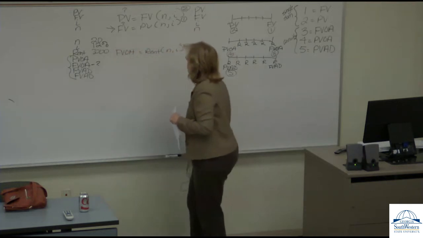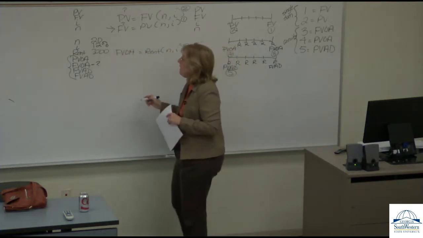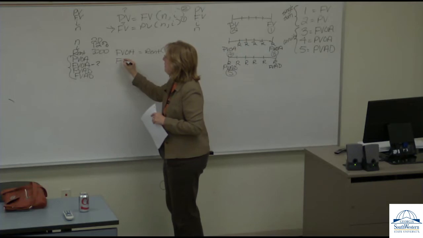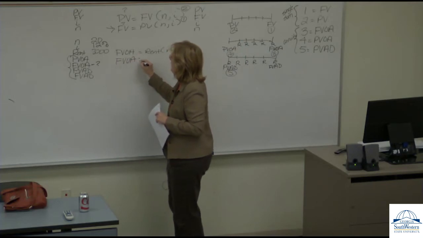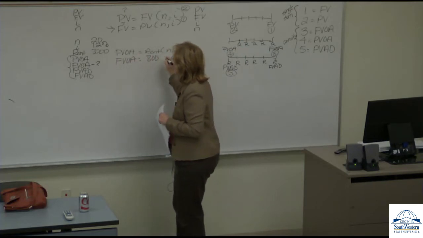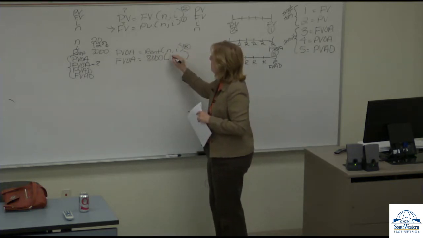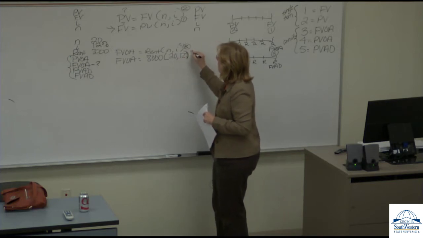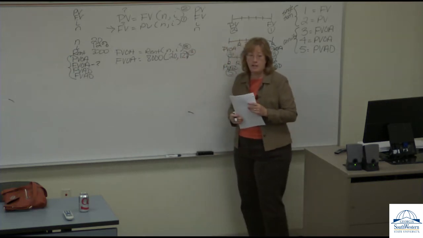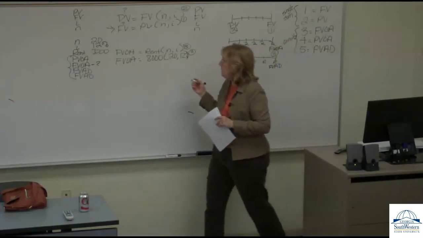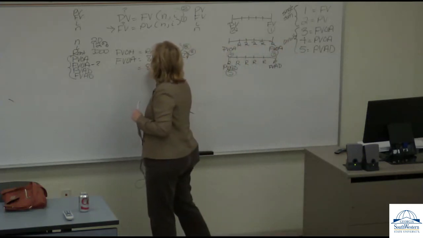So we're doing the future value of an ordinary annuity, and we're just going to say that the future value of an ordinary annuity equals the rent of $8,000 times this factor where N equals 20 and I equals 12%, and we're going to look on table 3, right? So we look on table 3, and what kind of factor do we get?